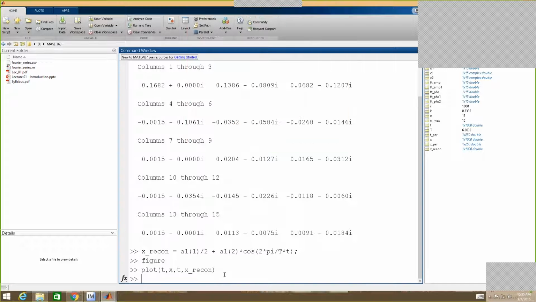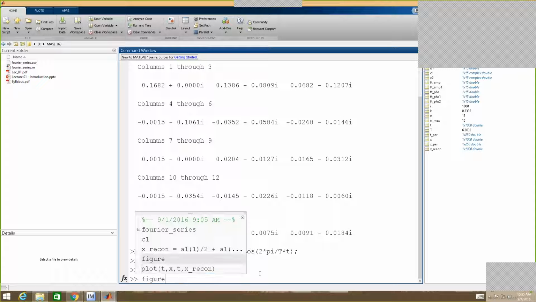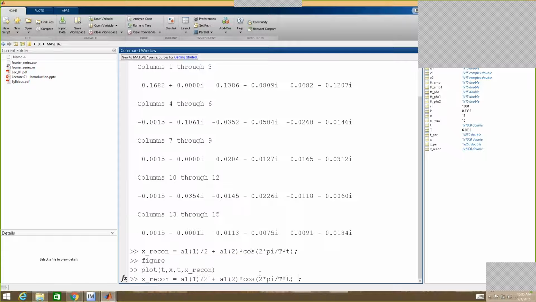Yes. But now let's keep adding more terms to it. Oh, sorry, I completely forgot to add the B1 term as well. Sorry about that.